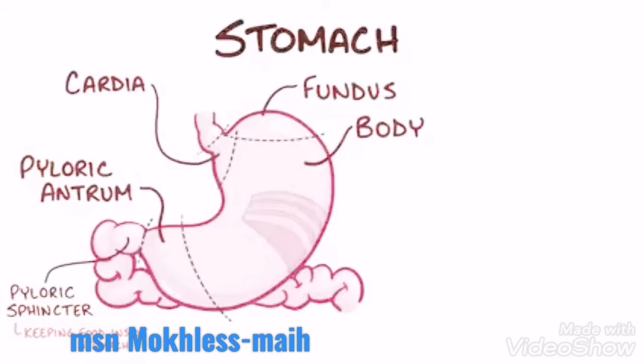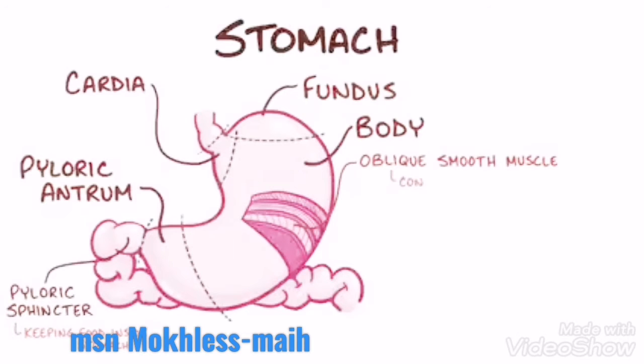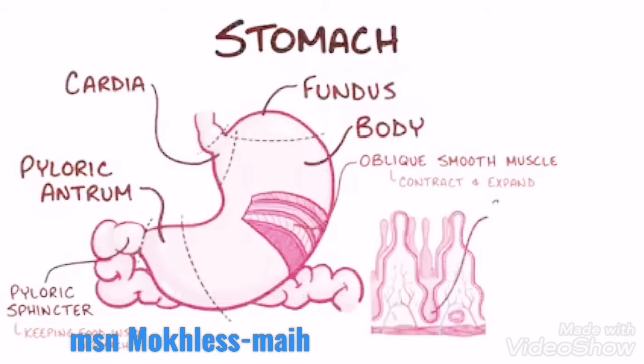This is the junction between the stomach and the small intestine, and the cardiac sphincter is between the esophagus and the stomach. It has a mucosa layer to produce HCl for digestion of the food.